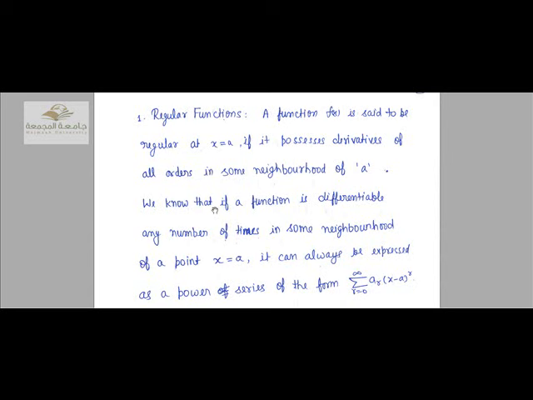We know that if a function is differentiable any number of times in some neighborhood of a point x is equal to a, it can always be expressed as a power series of the form summation r is equal to 0 to infinity a_r (x minus a) to the power r.